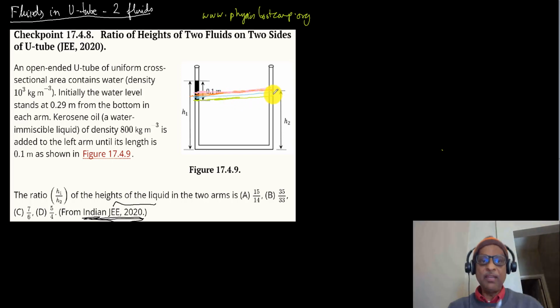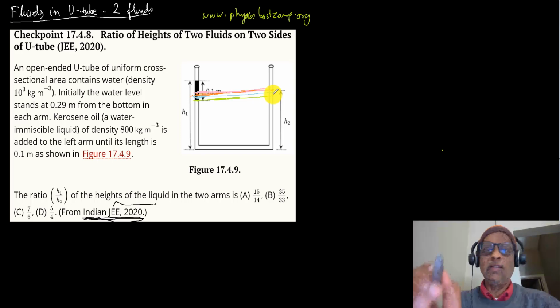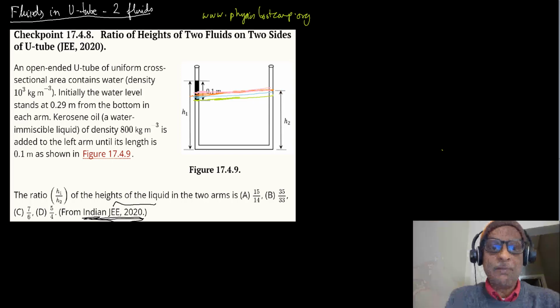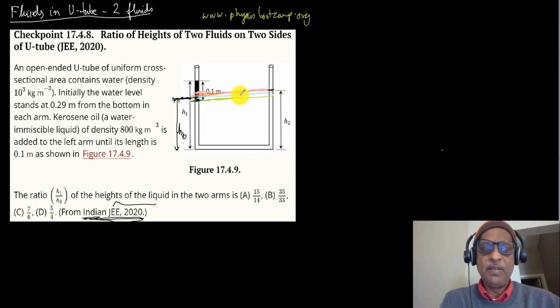This is actually the main realization in this problem. If you can realize this, that used to be at this level, let's call it H0, and now the bottom is here, and on the other side is over there. The area here is the same as the area on this side.